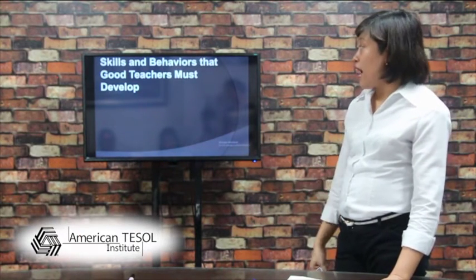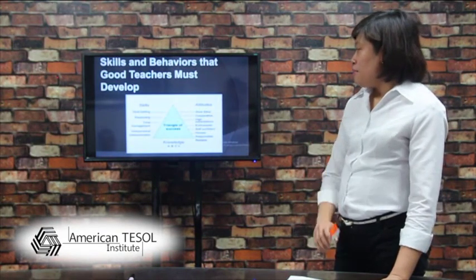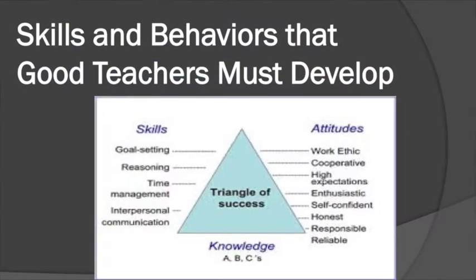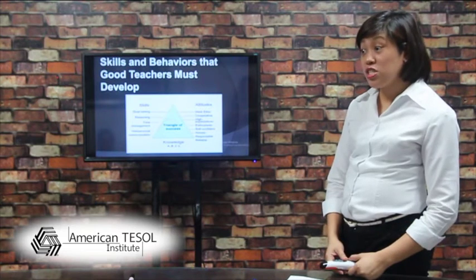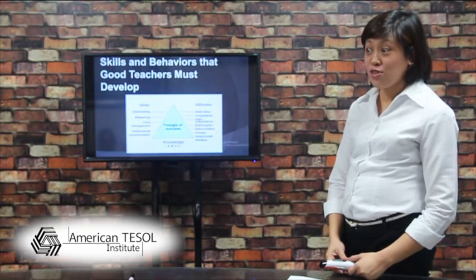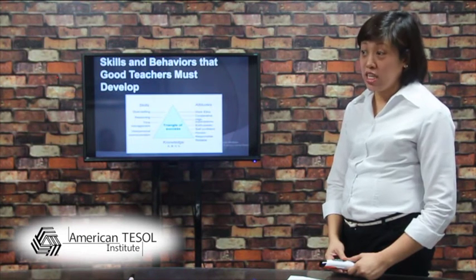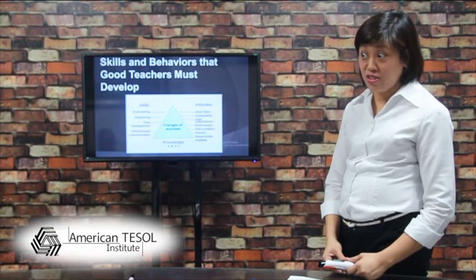So in learning that, we need to understand that to be a good teacher, we must have these three elements of success. First, you need to have knowledge. Knowledge about what? About the subject. Okay, knowledge about the subject, which is English, right? So you need to know more and study about English because you will be the source of information for your students, right?